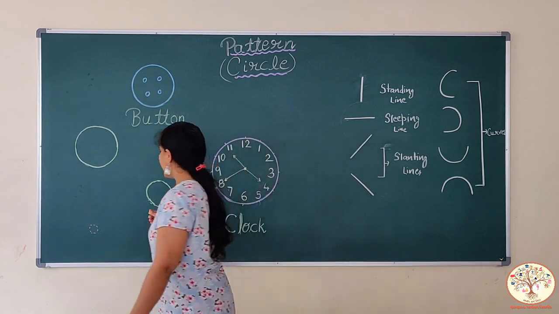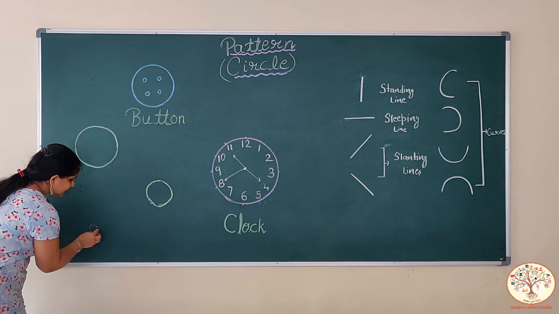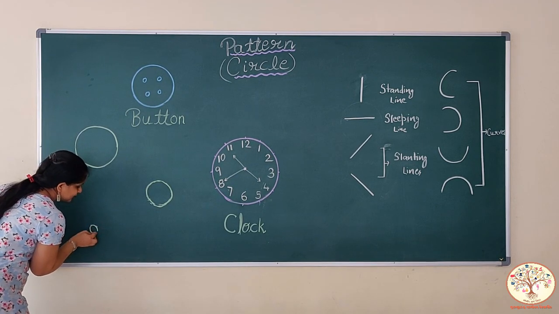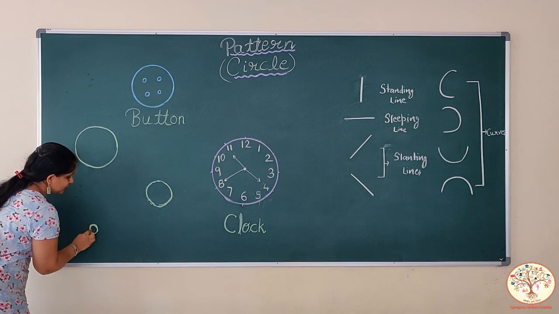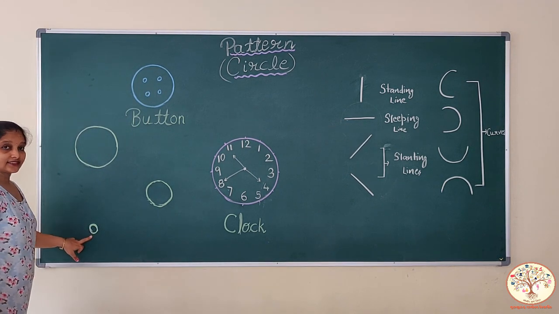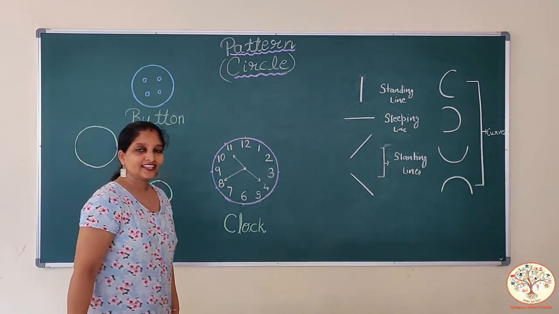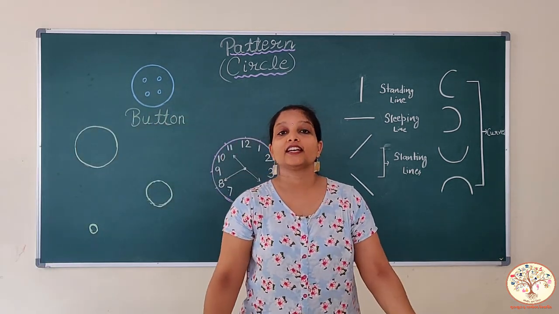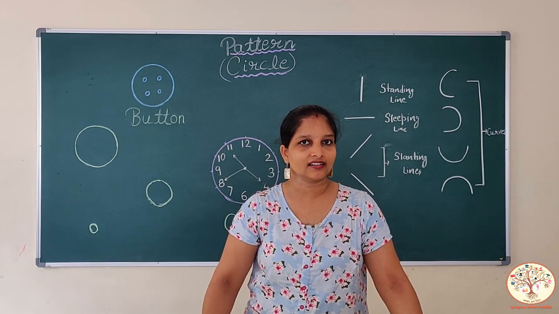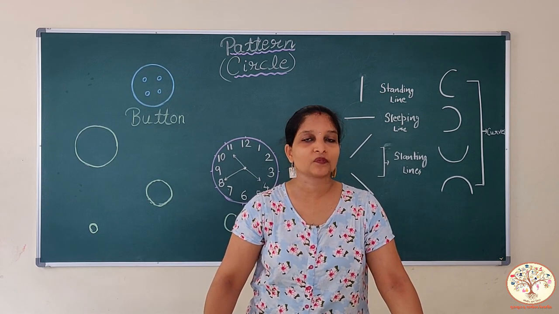Or we will make a circle by tracing these dots, like moving our chalk like this. This is a circle. Now kids, we will learn how to make a circle first.